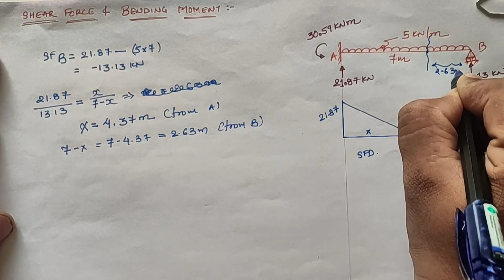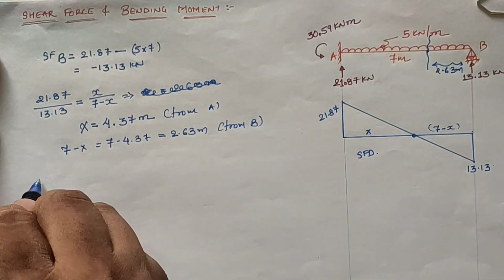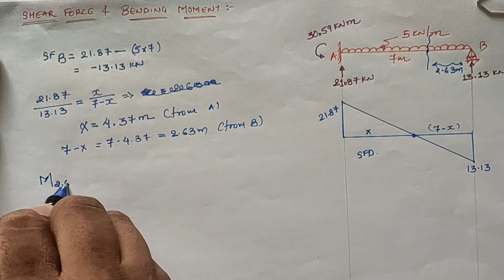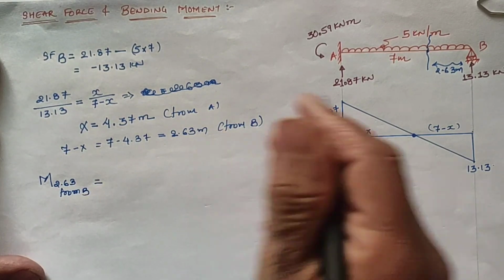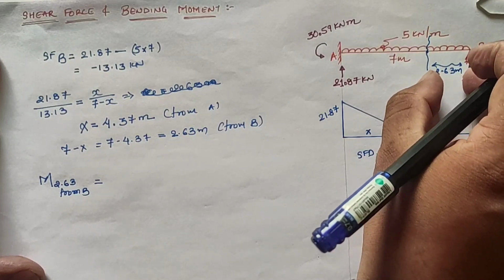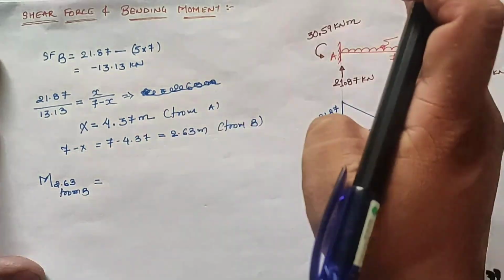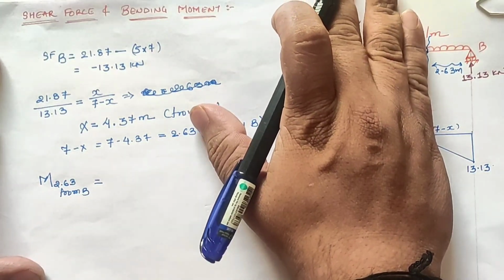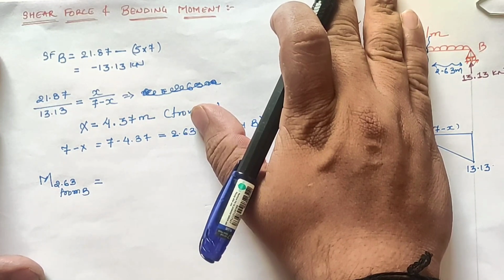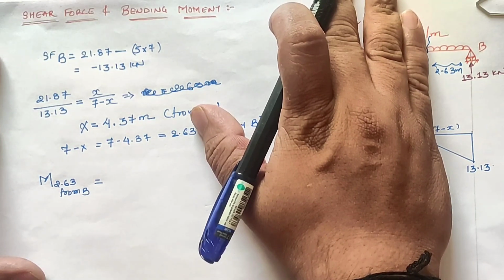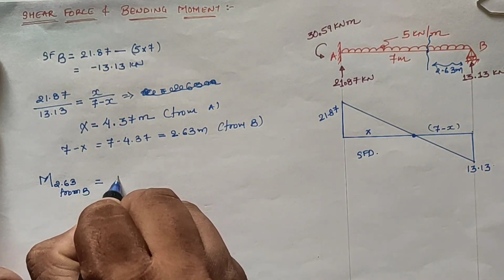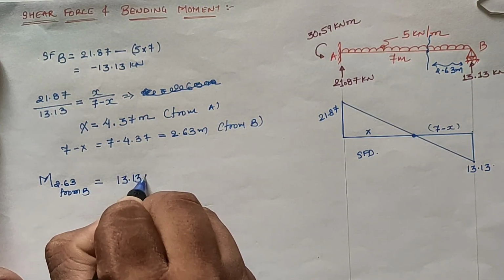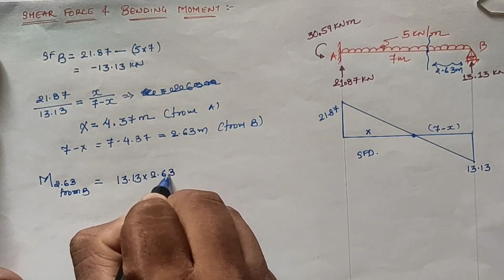If we take a section at distance 2.63 from support B and take the moment at that location, then it is equal to RB into 2.63. The moment towards the right hand side of the section is anti-clockwise, which is positive. Hence the value is 13.13 into 2.63.